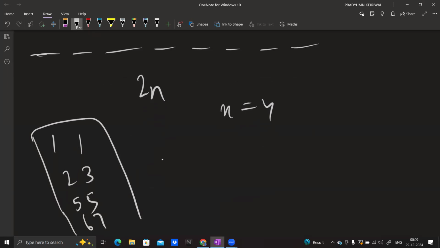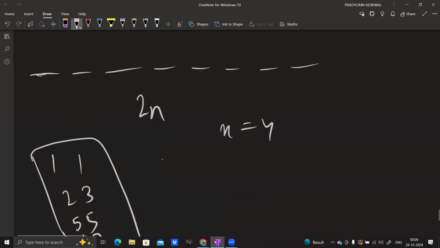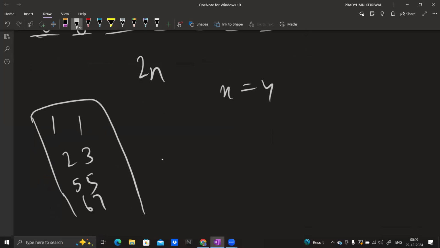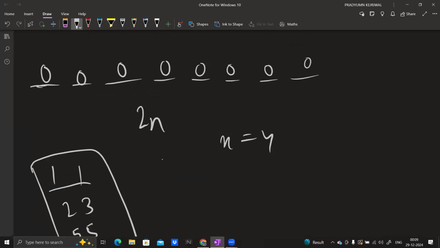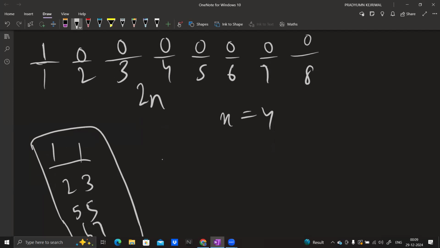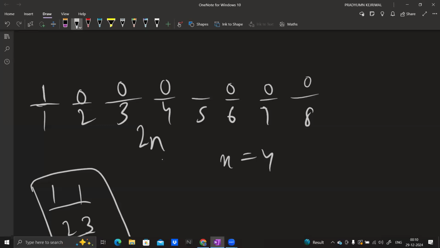Initially all of the elements are 0. Then I'll iterate over the input. 1 1 is problematic because it only needs 1. So in the first position, in the array 1 2 3 4 5 6 7 8, I will change it to 1 because there is some element which wants this. 2 to 3 doesn't matter. 5 to 5, I'll change this to 1.